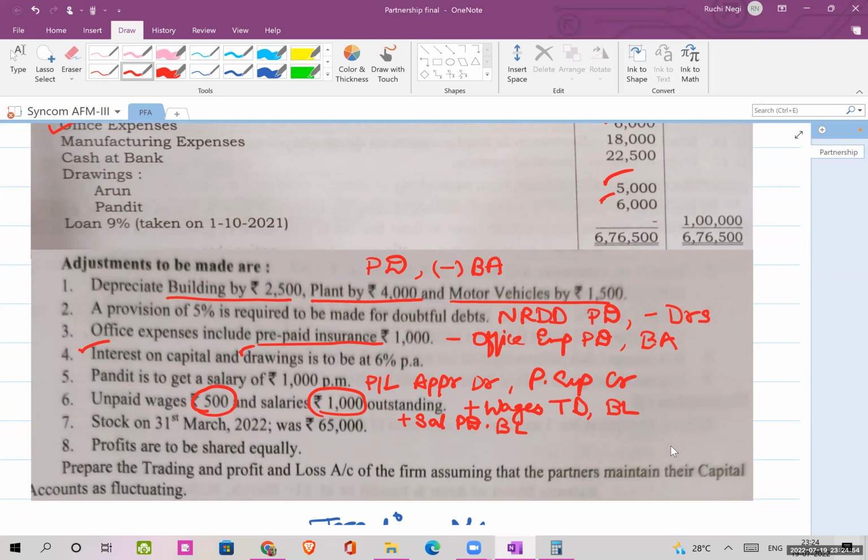This is my closing stock. It will have two effects, trading credit side and balance sheet assets. So this completes the discussion about adjustments and their corresponding effects.